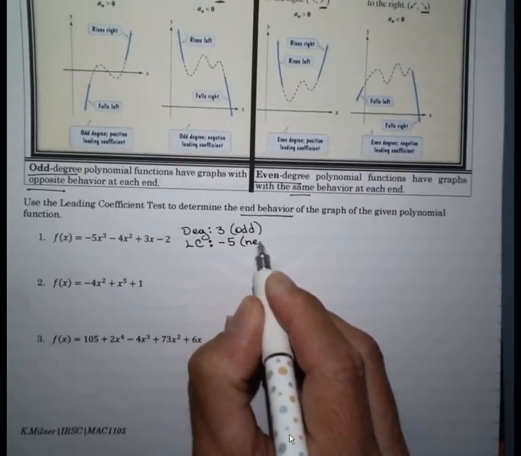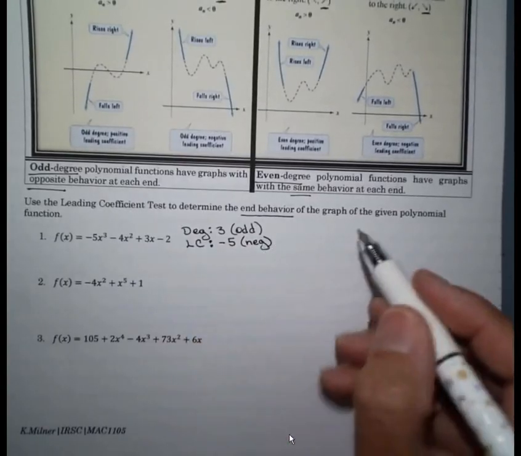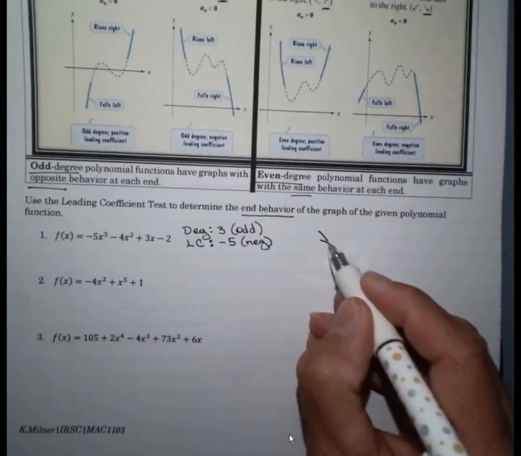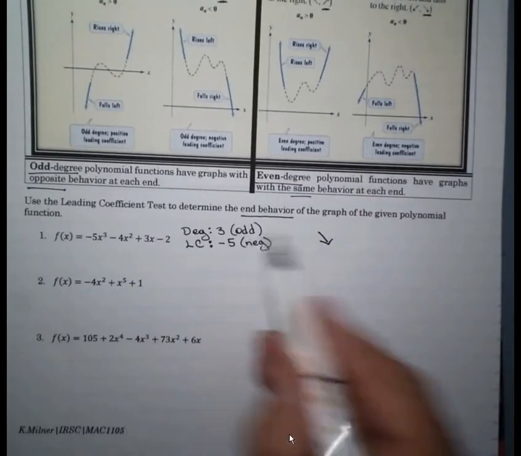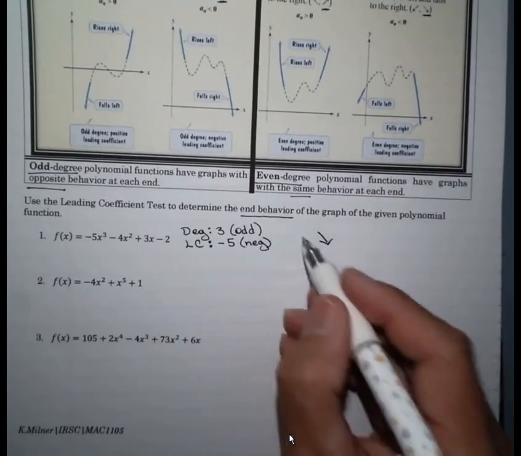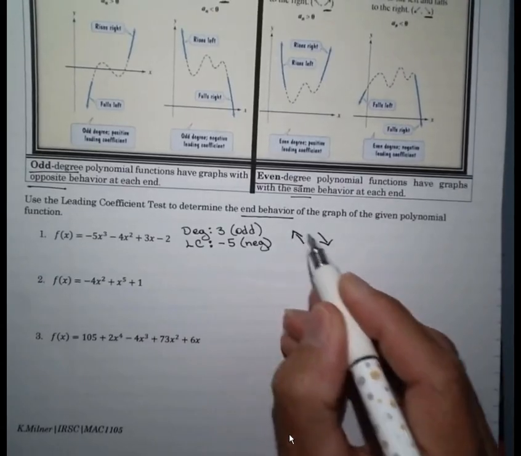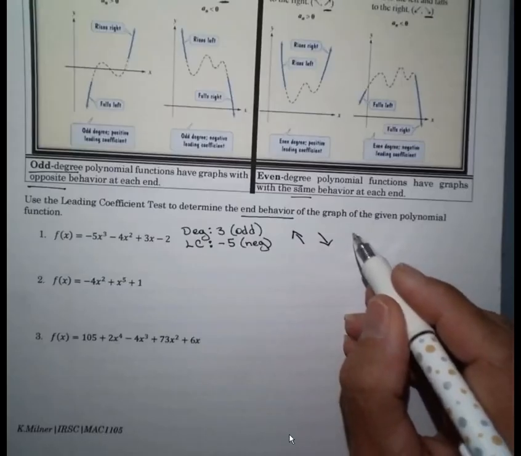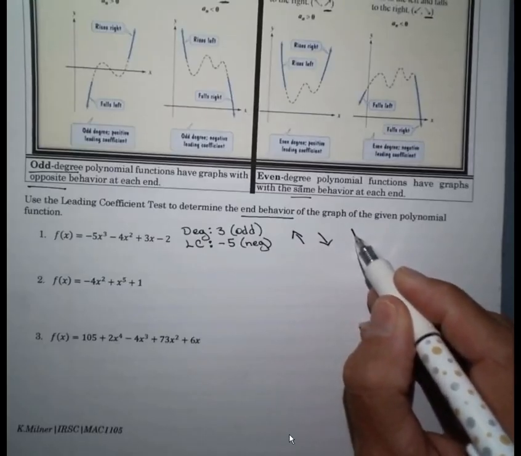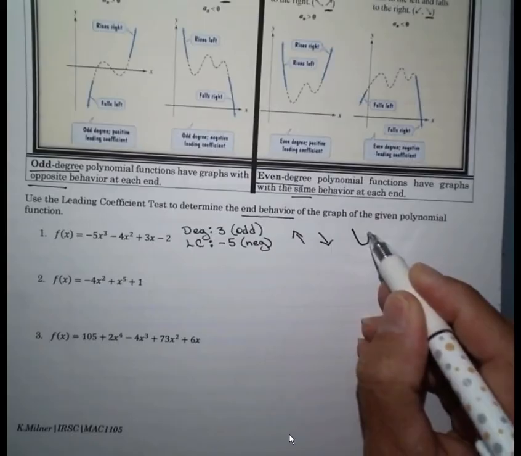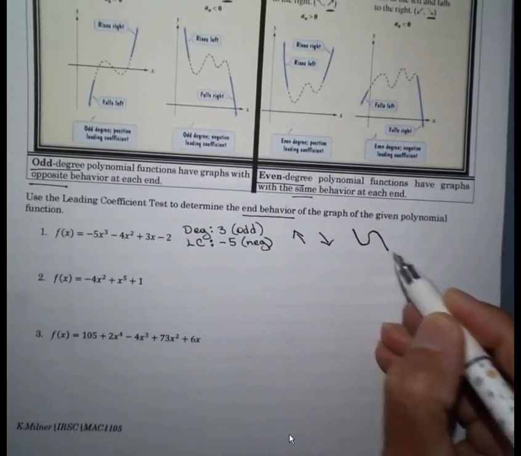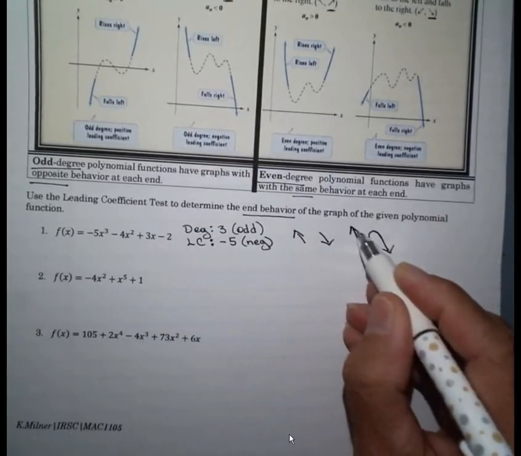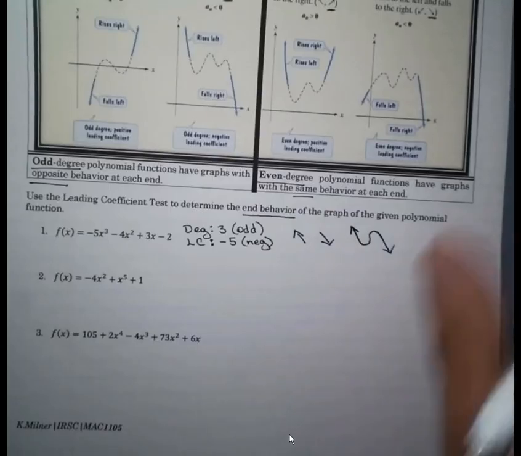That's a negative, which tells me that the end of my graph is going to go down, right? And since I know it's odd, I know the beginning of my graph has to do the opposite, so it's going to go up. Now, it's a degree 3, so what I'm really expecting to happen is 3 different directions. It goes down, goes up, and it goes down again. That's probably what my graph is going to look like.